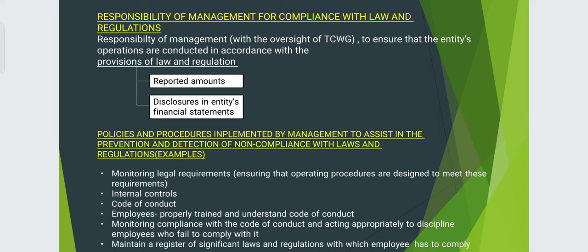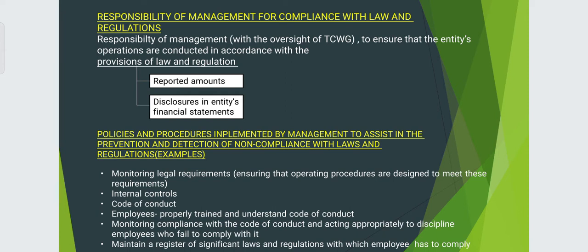And the laws and regulation also include the laws and regulation that determine reported amount and disclosure in the entity's financial statement. So coming to the next heading, that is policies and procedure implemented by the management to assist prevention and detection of non-compliance with laws and regulation.